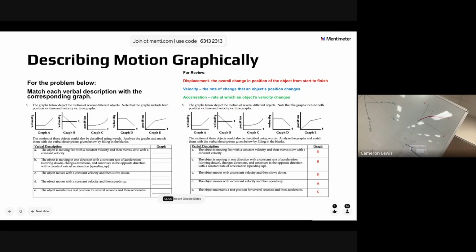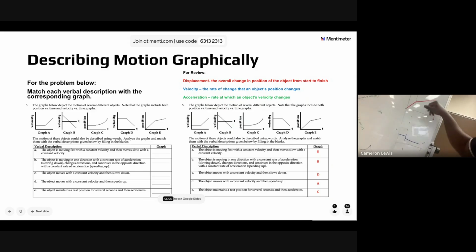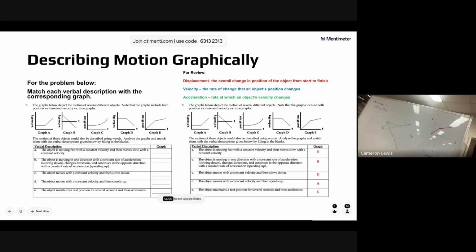But because these lines are very steep, it's going to be a higher magnitude, which means it's going to be above this other line. This one is not as steep, so it has a lower magnitude. This is what symbolizes it: this is fast and this is slow. So this is what's really happening to velocity, but the position graph that matches what we see in the velocity from the verbal description looks like that, which ends up being graph E. Any questions about that?